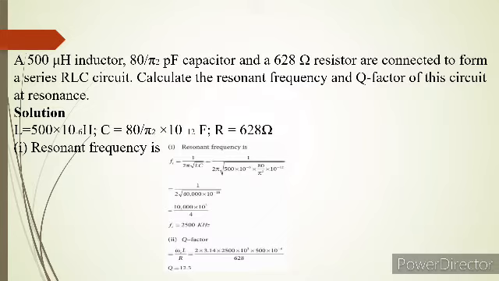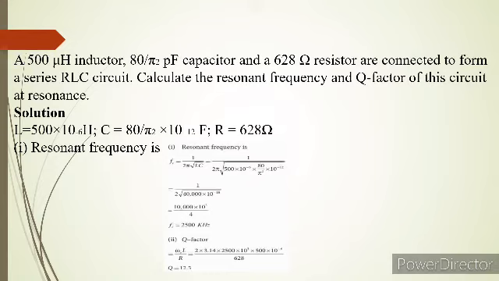Next I have taken one more example, the same RLC circuit. It says that a 500 microhenry inductor, an 80 by pi squared picofarad capacitor and a 628 ohm resistor are connected to form a series RLC circuit. Calculate the resonant frequency and the Q factor of the circuit at resonance.